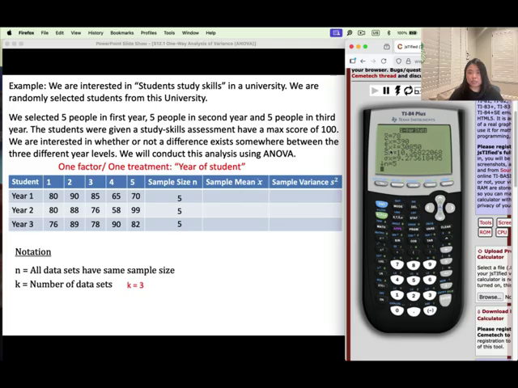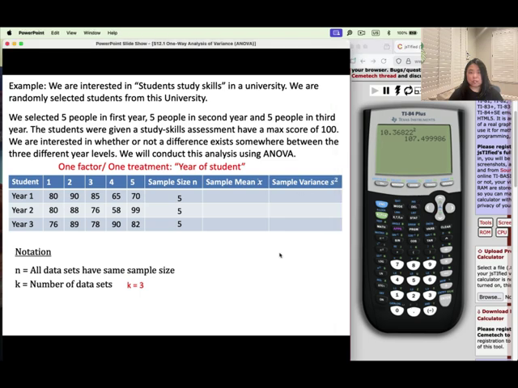And for the sample variance, they only give you the sample standard deviation, so I'm going to write down this number, 10.368, and then square it. That sample standard deviation squared becomes the sample variance. So for the first data set, I have these two numbers. I want you to do the same thing: figure out the sample mean and the sample variance for year 2 and year 3.